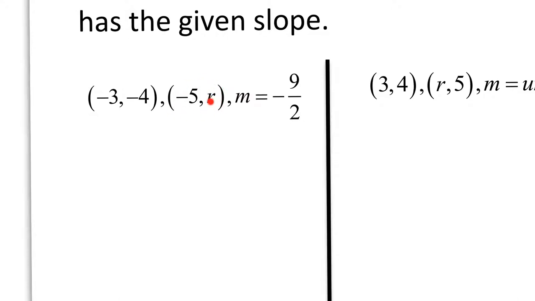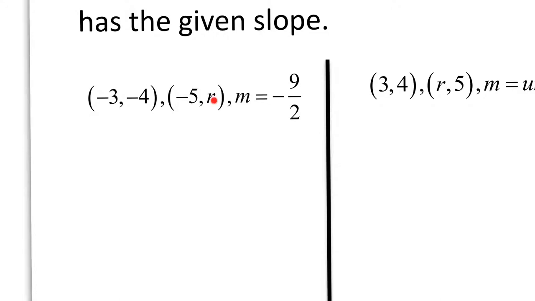That's the number we are looking for. We need to know what number works in this space. Plus, the line has to have a slope of -9/2.